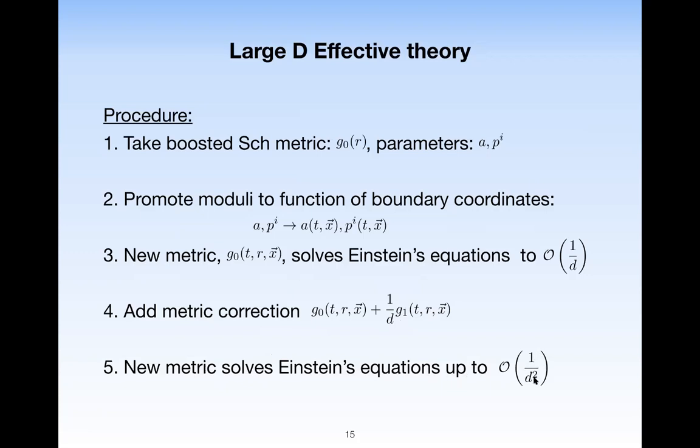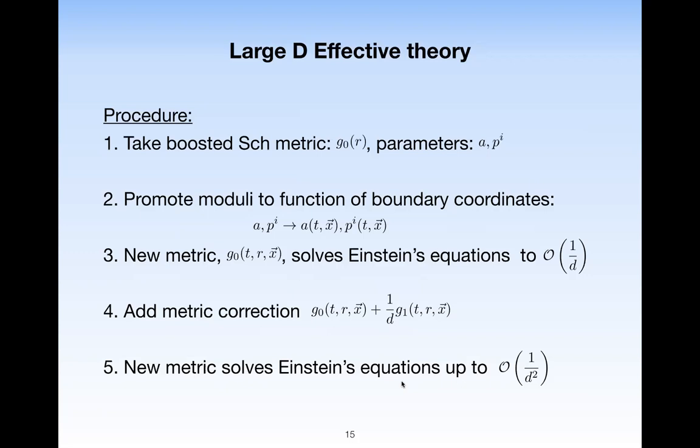Following this process again and again, one can get the metric up to any order in 1/d in principle. So essentially what we've done here is solve the evolution Einstein equations, and what we are left with is just the constraints. And as the name suggests, the constraints do not depend on the radial direction.